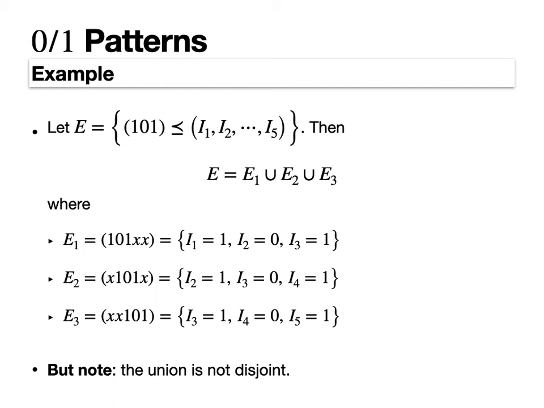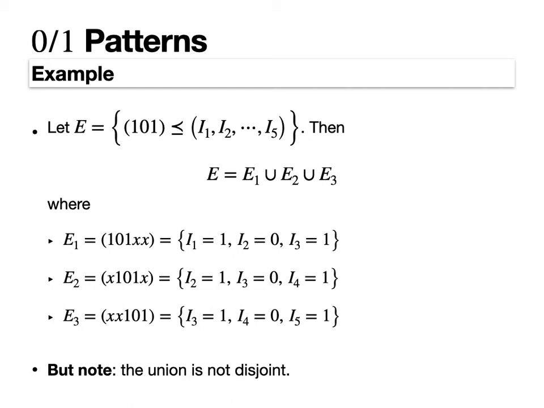E1 is the event that my desired substring appears in the first 5 positions, starting at position 1. So I'm denoting that by 1, 0, 1, X, X, and all that means is that the first value is a 1, the second value is a 0, the third value is a 1, and the last 2 values in my indicator sequence I don't care about. So 1, 0, 1, X, X, and you can write that in terms of the indicator variables just that way: I1 is 1, I2 is 0, I3 is 1.